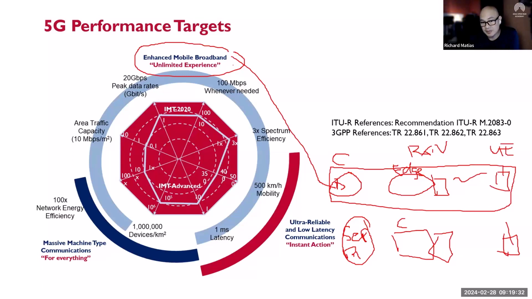But on the edge part, all of the functionalities are here so that there can be a faster response of the network. Whatever the requirement of the UE, if it's less than 1 millisecond, we need to fetch faster. So that's why we are putting all the components in the edge cloud, which is near to the subscriber. That's how we can implement the so-called ultra reliable and low latency.